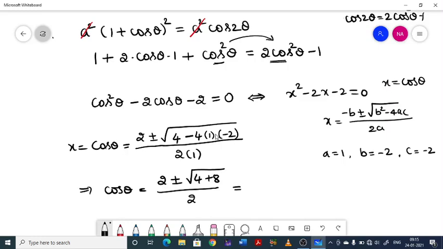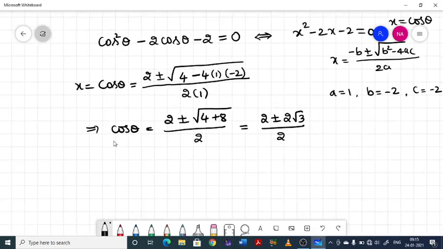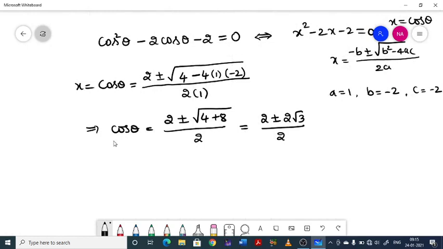So this you can write as 2 plus or minus square root of 12, which is square root of 4 into 3, that will be 2 root 3, by 2. Therefore cos theta equal to 1 plus or minus root 3. So this means cos theta equal to either 1 plus root 3 or cos theta equal to 1 minus root 3.